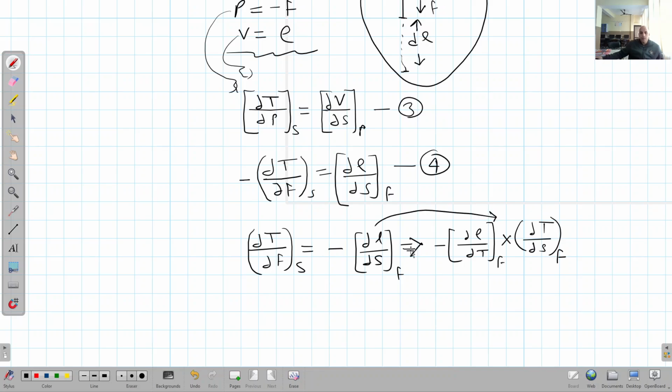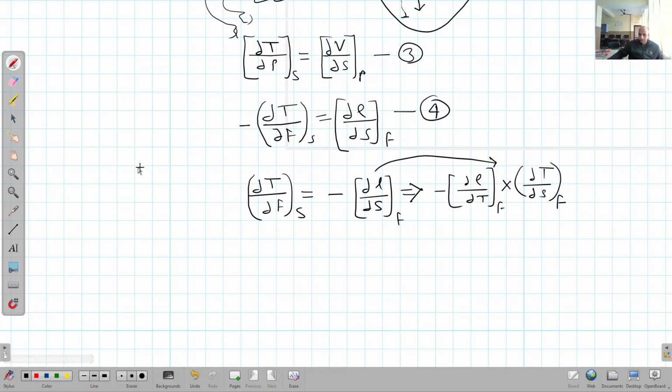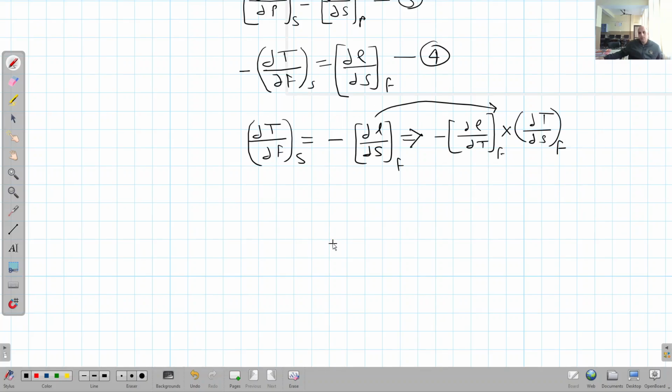I simply wrote this side in the expanded form. This we know very well now that (1/L)(∂L/∂T) is equal to eta. Clear? Coefficient of linear expansion of the wire.